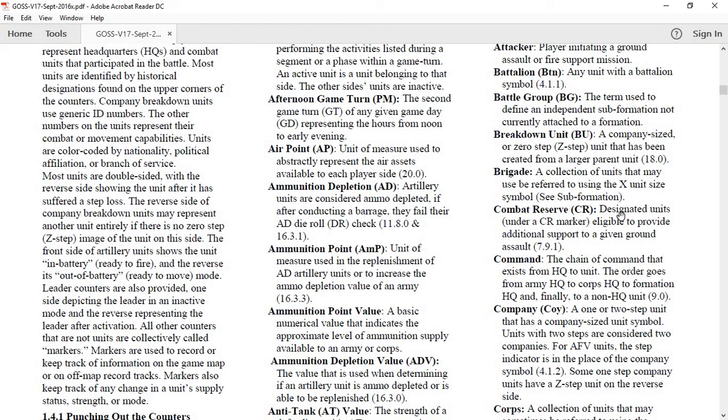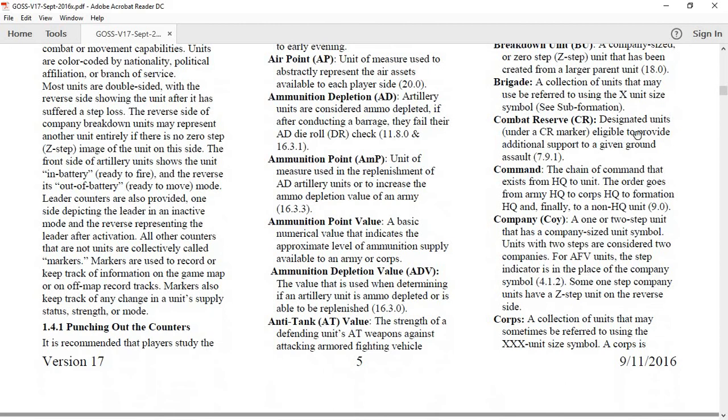See subformation. Combat reserve, designated units under CR marker eligible to provide additional support to a given ground assault. Command, the chain of command that exists from headquarters to unit. The order goes from Army headquarters to Corps headquarters to formation headquarters and finally to a non-HQ unit.